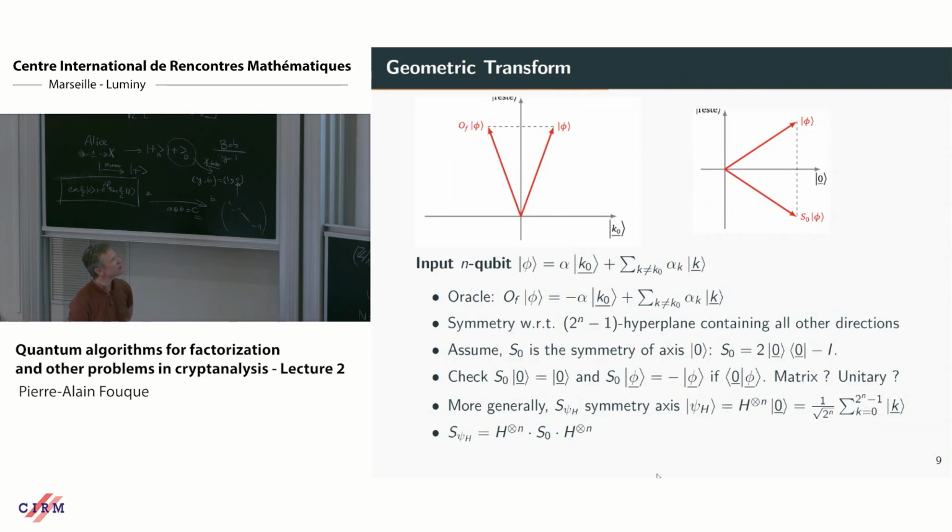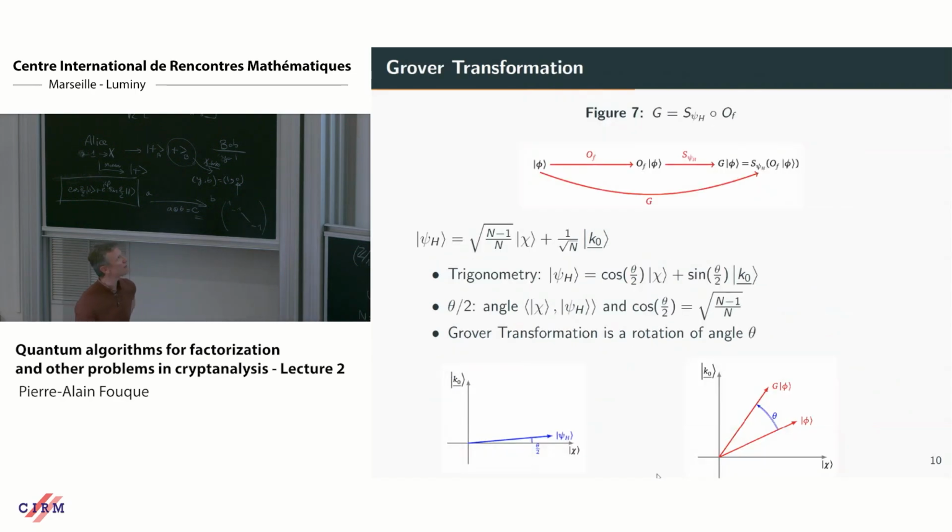Okay, so the second thing is that the Grover operator is the composition of these two functions. So this is a symmetry, this is another symmetry, and so we compose two axial symmetries. And the composition of these two axial symmetries, I explained to you, is some rotation.